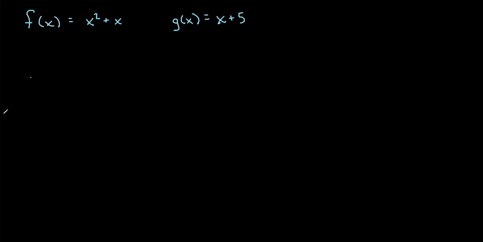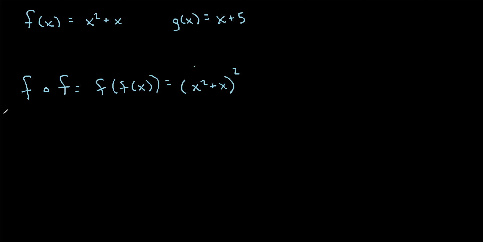Now what if we wanted to solve f of f? Well, we could rewrite that as f of f of x. So now whenever we see an x in this original f of x equation, we're going to replace it with all of f of x. So instead of writing x squared, we're going to write x squared plus x, squared.